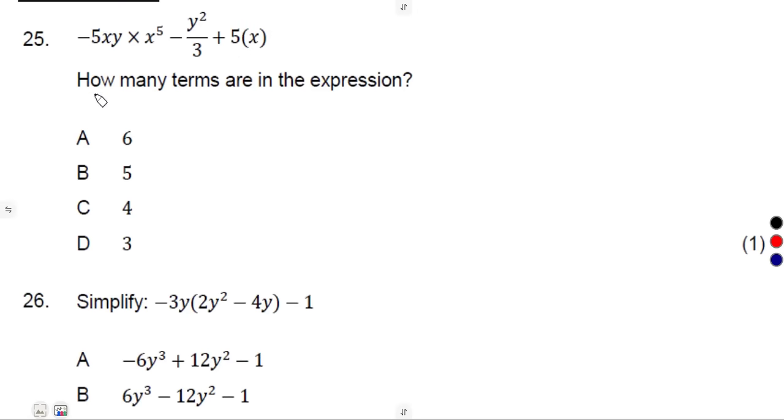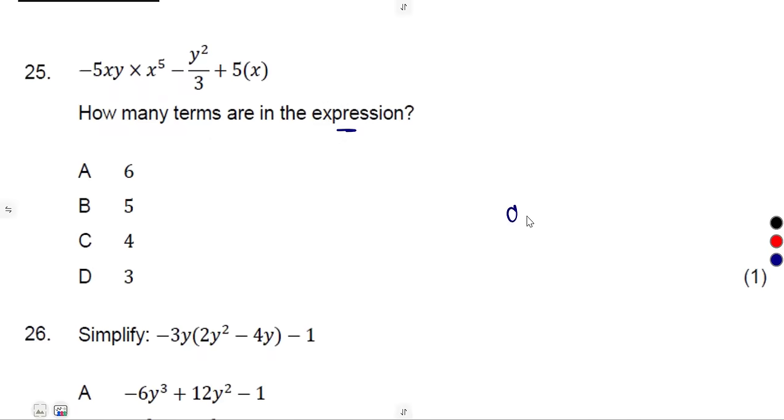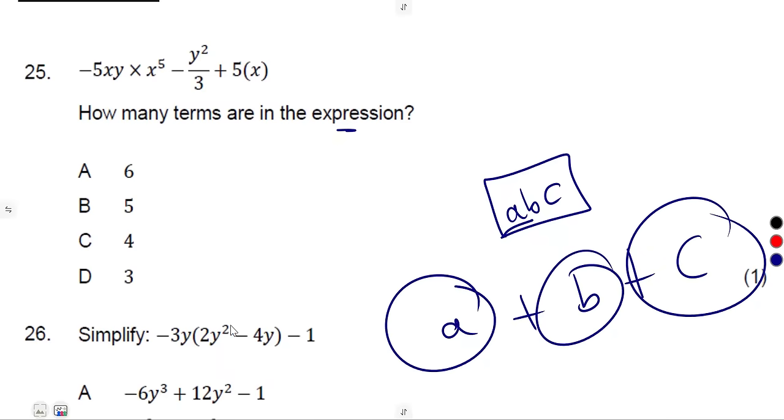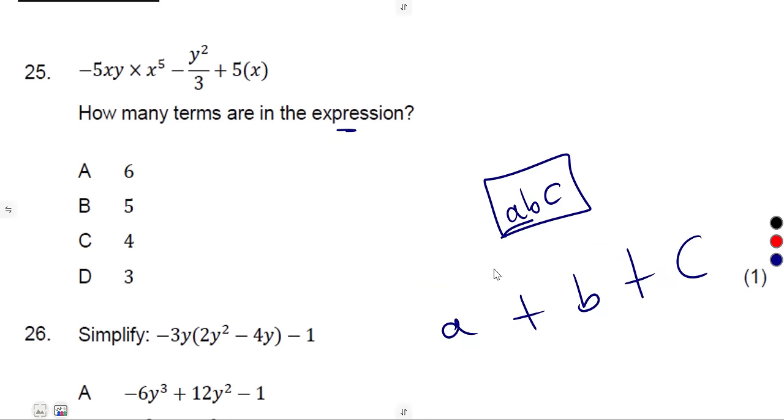On question number 25, how many terms are in the expression? A, B, C is a single term because of the product. It is different from A plus B plus C. Here it is considered a single term because of that product, or it can be a division.